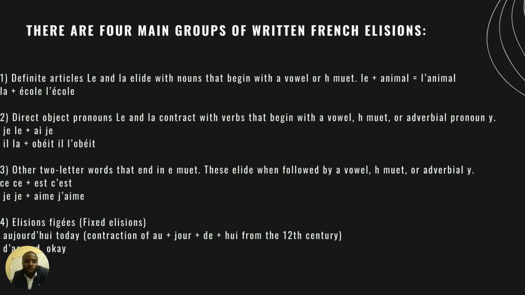For example, if you say il a obéi, it changes to il l'a obéi. Meaning the same process. We maintain the pronoun which is il, but the la and the a, they contract. So we remove the first a and substitute it with the apostrophe.